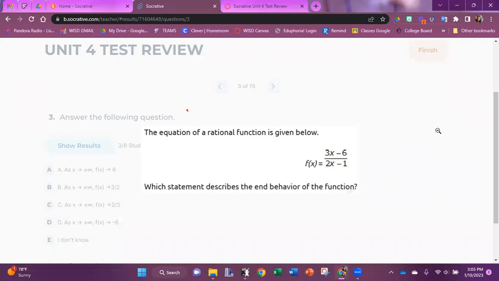Thirty seconds. Because you're supposed to give the numbers.